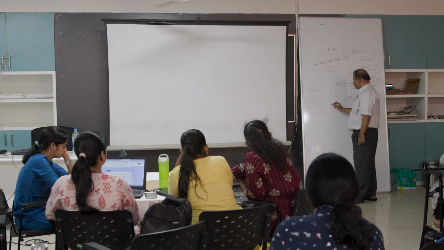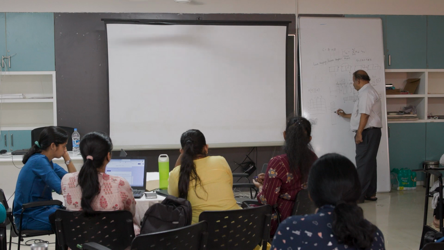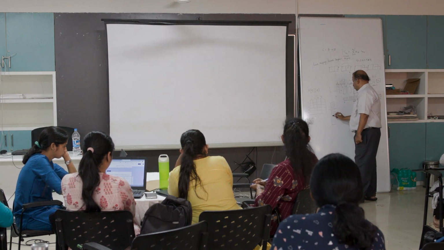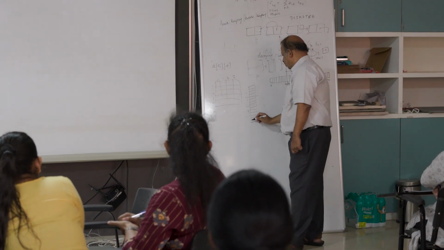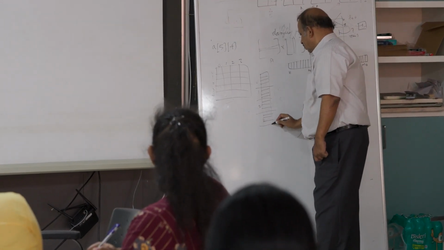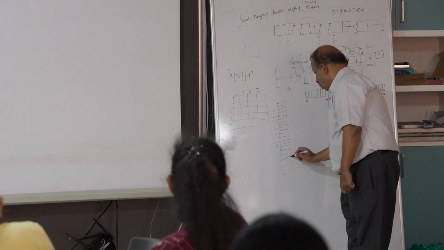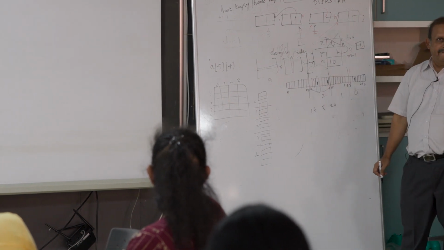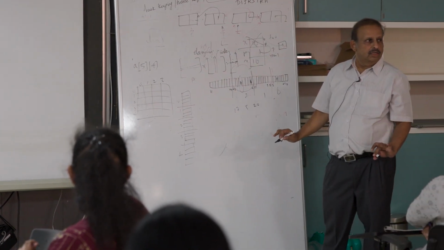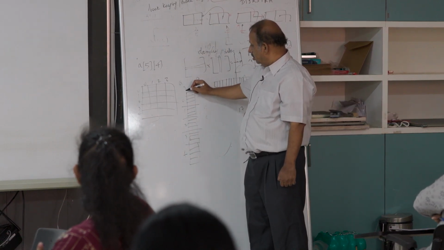Internally, it is stored continuously like this: the 0th row, first row, the second row, the third row, and the fourth row. That's all that's stored internally. And A basically will be a pointer here.